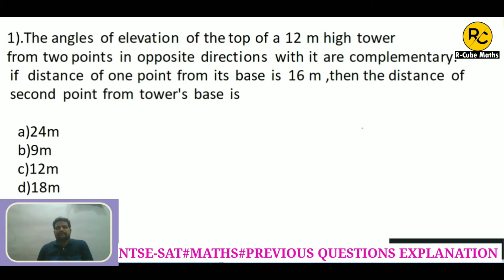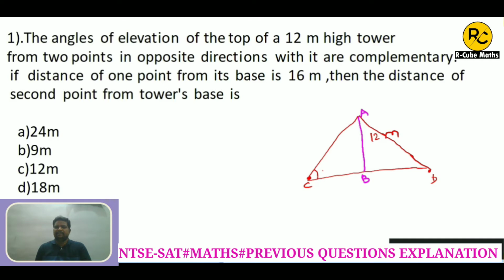The tower height is 12 meters, let AB be the tower of height 12 meters, and take 2 points, one on one side and the opposite one on the other side, let them be C and D. From these points, the angles of elevation of the top of the tower are complementary angles, meaning the sum of these two angles must be equal to 90 degrees.